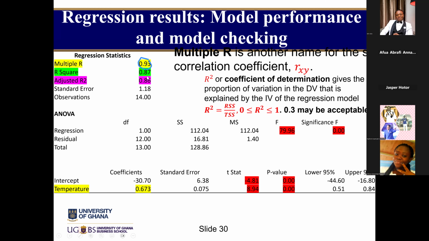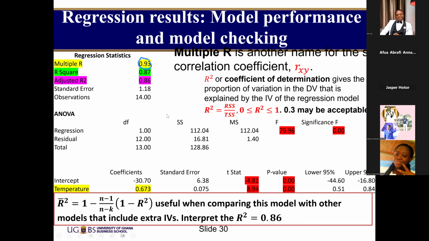So look, the R square is 87%. The R square is given by RSS over TSS. That is the regression sum of squares over the total sum of squares. And the value is always between 0 and 1. If it is 0.3, it may be acceptable. Anything above 0.3 may be acceptable. Ours is 87%. That's good. Very good.